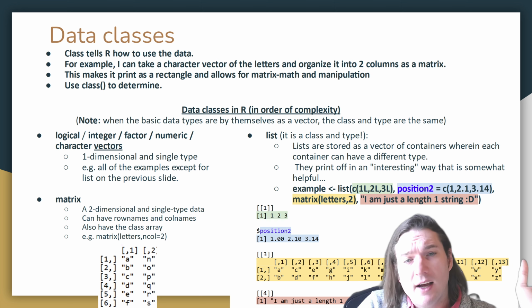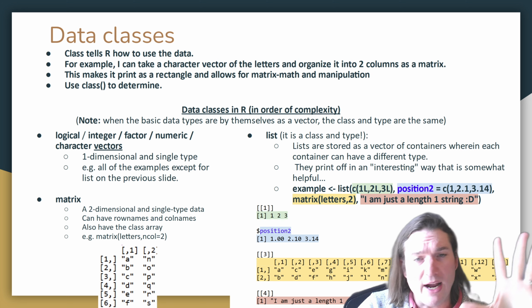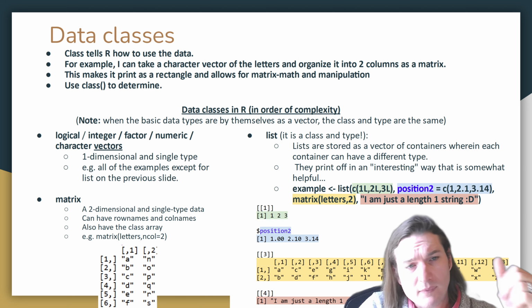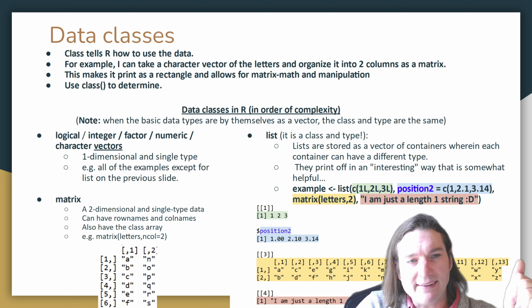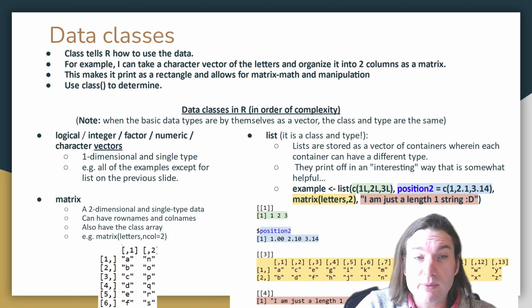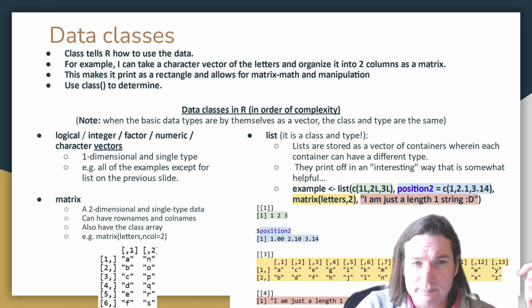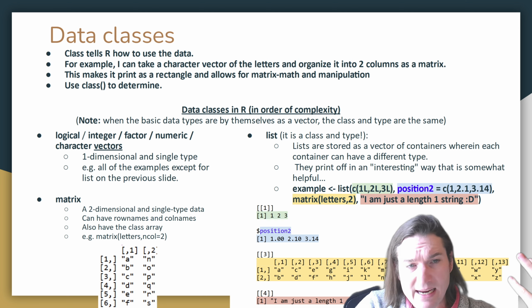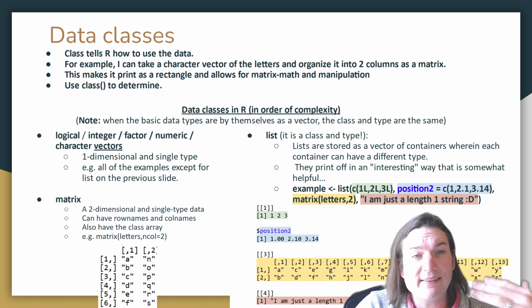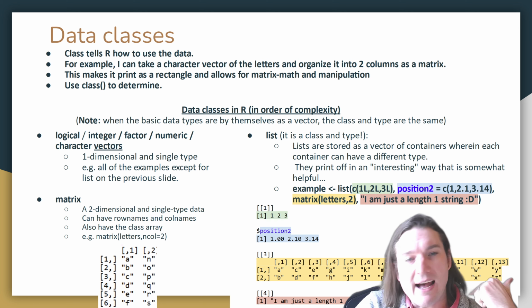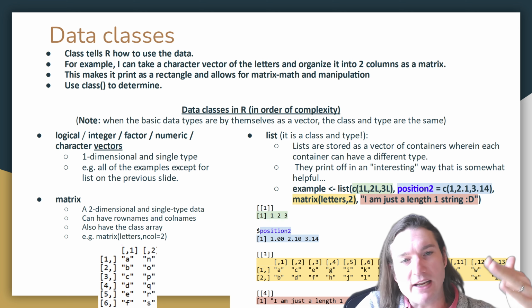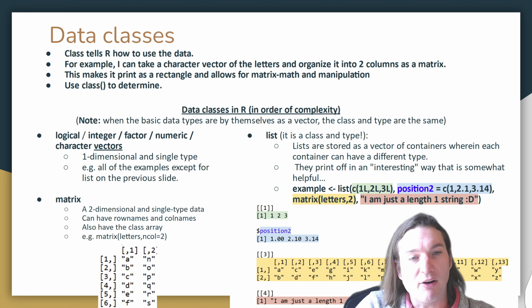But that's a list. There's a particular class of lists called a data frame, which will be our primary tabular data set. There is also, however, a matrix class object. And a matrix class object is a single type. So I could have, say, a character matrix. Character referring to its type, matrix referring to its class, because I've attached the properties two-dimensional, having however many rows by however many columns.